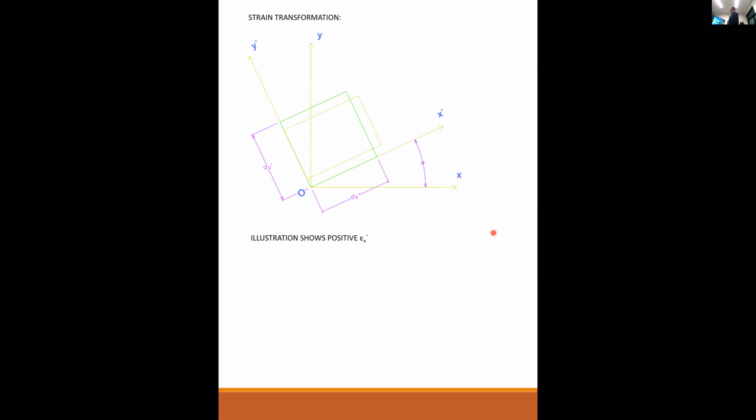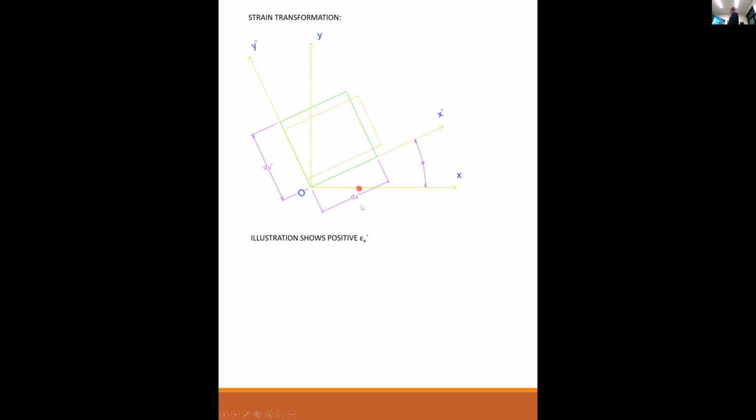Okay, so this illustration here, the green is the original element before it was stressed or strained. And then once a stress was applied to it, it strained into this new shape. See how it's stretched in the x prime direction, and it has shrunk in the y prime direction due to Poisson's effect.